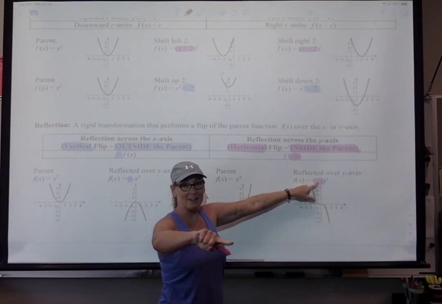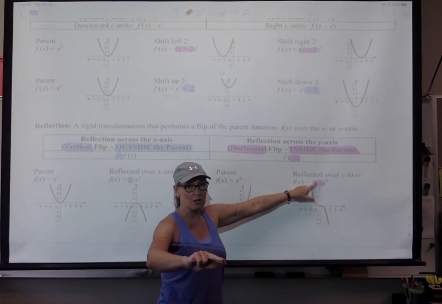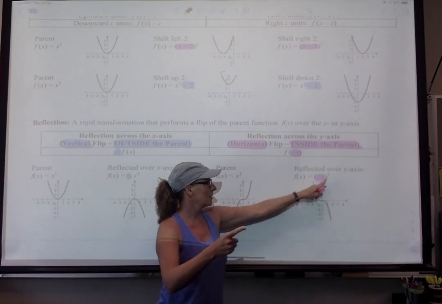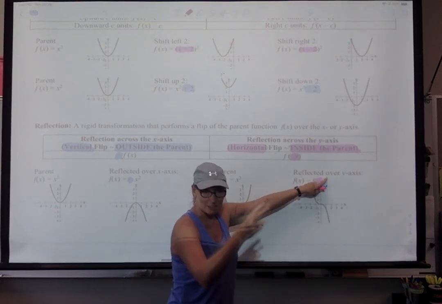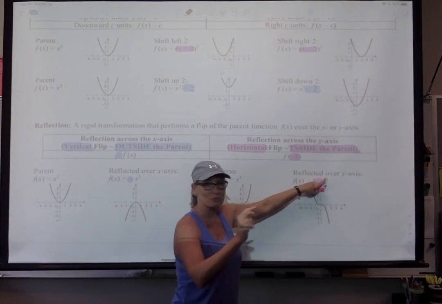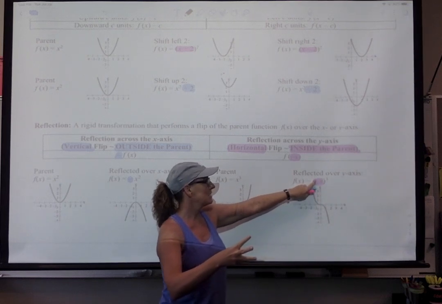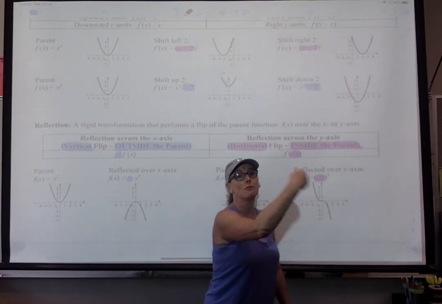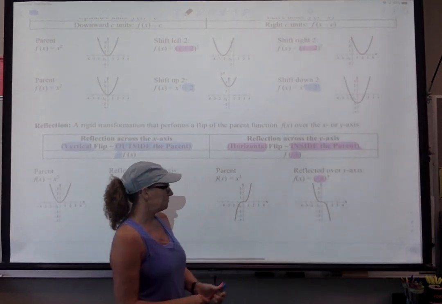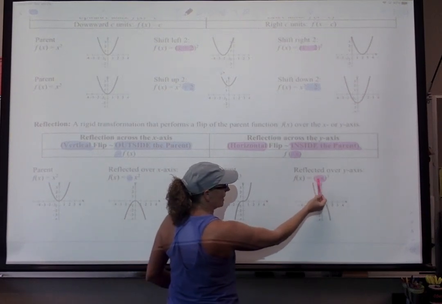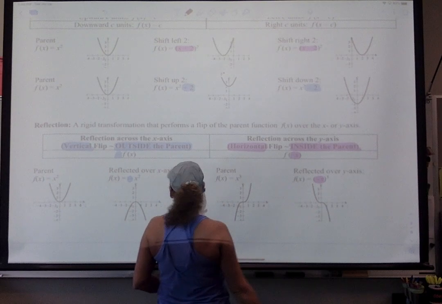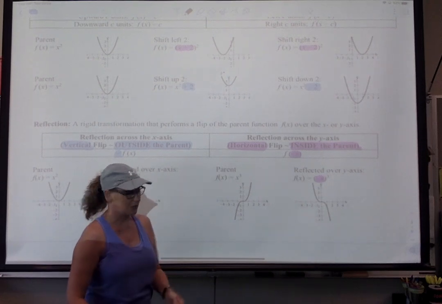Let's put the negative on it and call it negative 4. Now let's take negative 4 times itself, so negative 4 times negative 4 times negative 4. All right? So this is saying put the negative on before you do the parent function. So I'm calling this inside. That's a horizontal transformation. Outside, it's a vertical transformation.